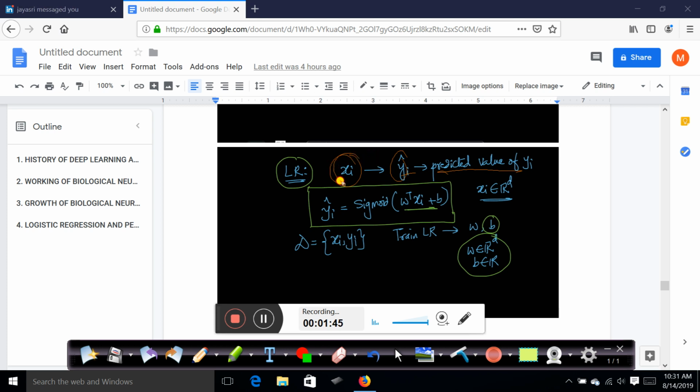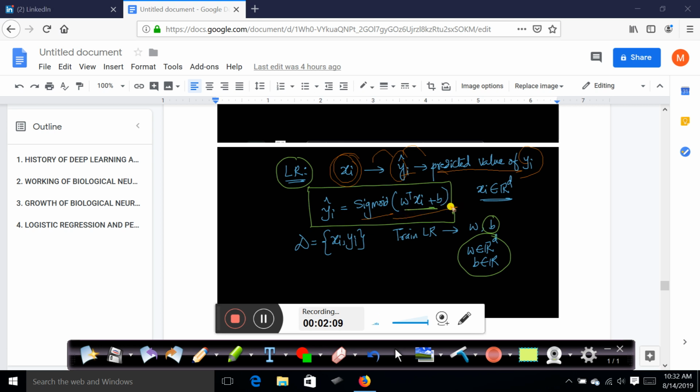For a given input xi, we have to predict yi hat, the predicted value of the actual yi. And in logistic regression, yi hat is equal to the sigmoid function of w transpose xi plus b.